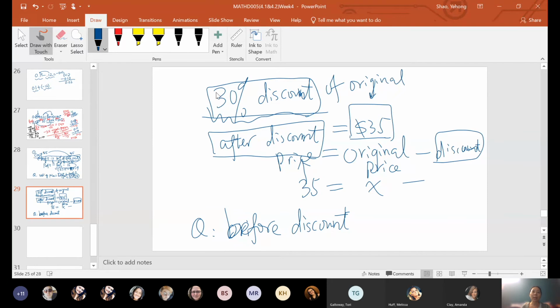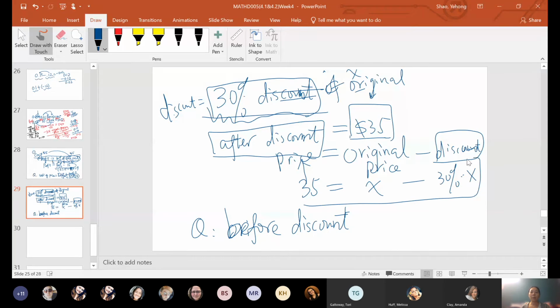So the discount we get is going to be 30% times original, since of means times. I don't know the original, which is X. So that gives me a discount, which is 30% times X.